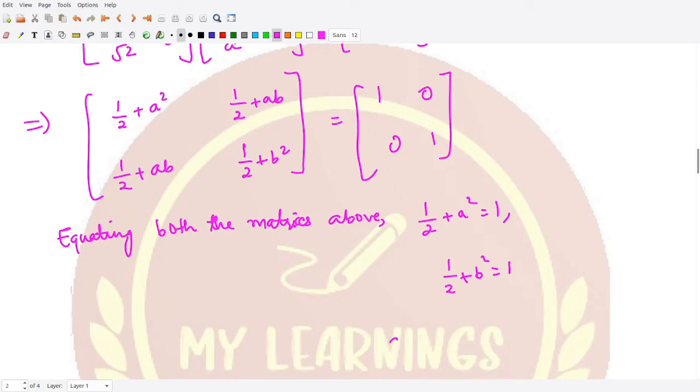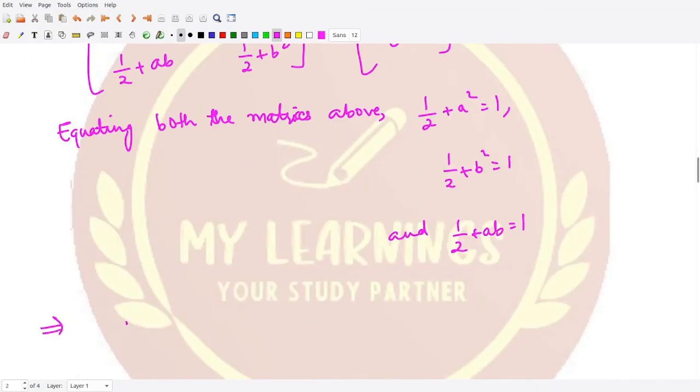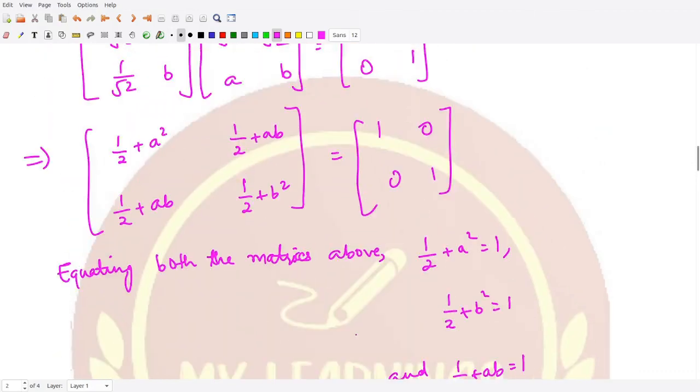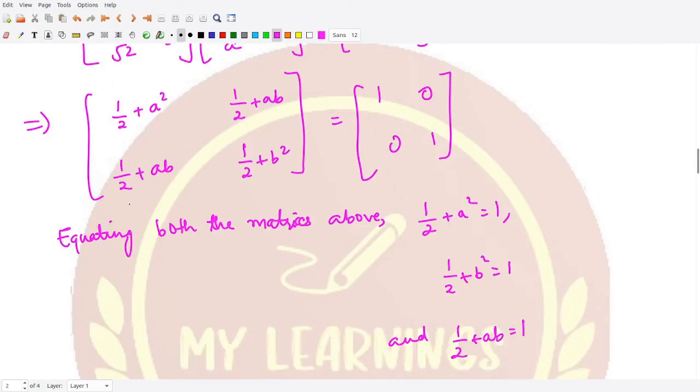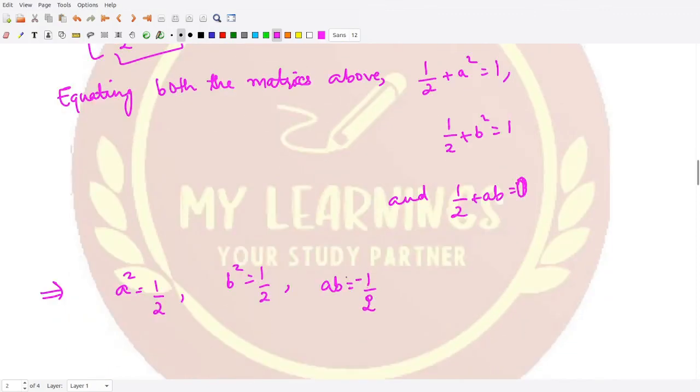From the first condition we obtain A square is equal to 1 by 2, B square is equal to 1 by 2. And from the third condition we obtain AB. I'm sorry, this is half plus AB, that is not equal to 1, but it is equal to 0 here. So it is equal to minus half.